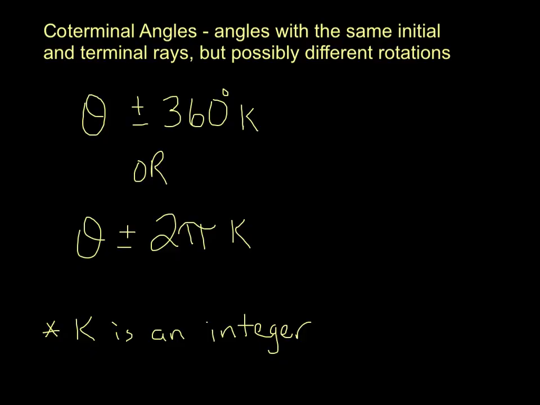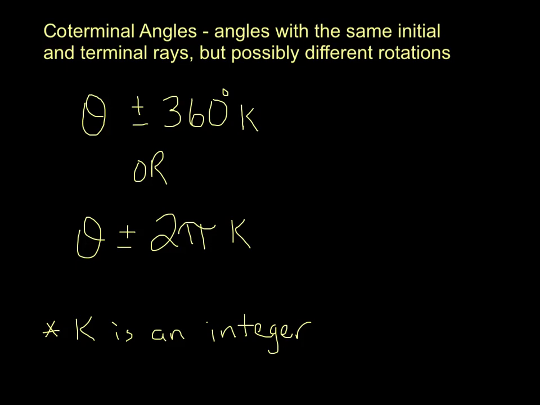All right. So one of the last things we're going to talk about is coterminal angles. And again, we kind of talked about this in class a little bit. Coterminal angles have the same initial and terminal ray, but possibly different rotations. So we find coterminal angles by making a full rotation from wherever we already are. So if my theta is in degrees, then I take theta and I add or subtract multiples of 360.